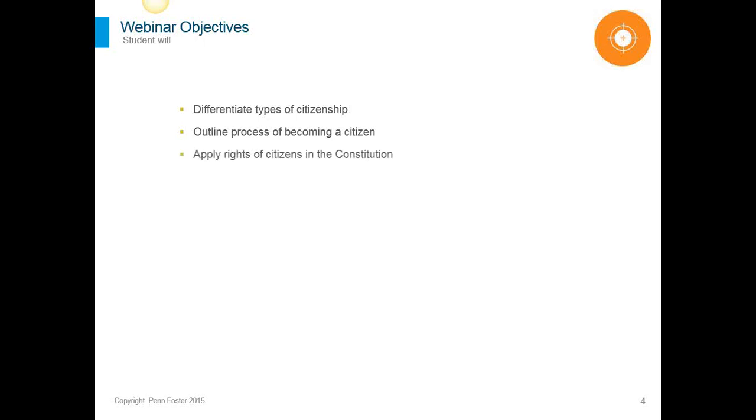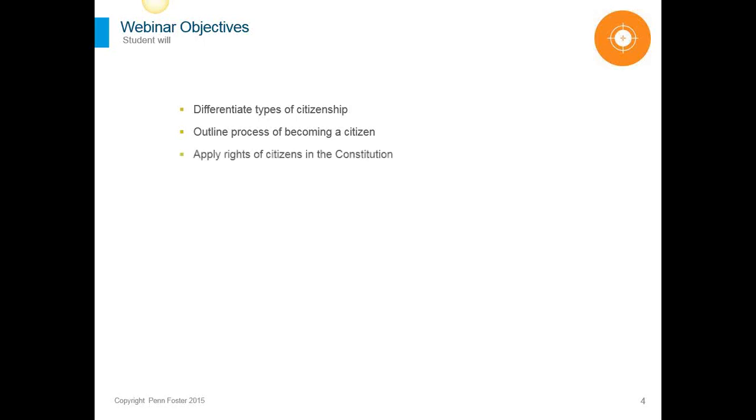In terms of the objectives, what we're looking to accomplish during our webinar today, we'll look at types of citizenship, as well as the process of becoming a citizen. Many people come here legally into the United States, and we have a process of legalization and citizenship.